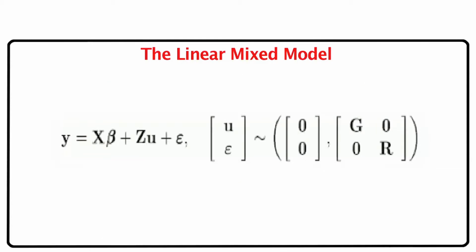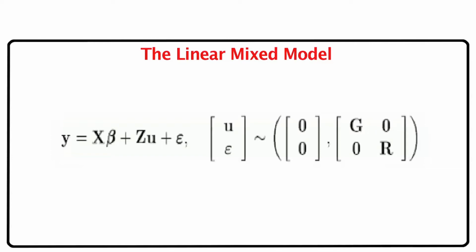Note that for the linear model, y is equal to X beta plus epsilon, where we assume that epsilon follows a normal distribution with mean 0 and variance sigma squared I. So typically for purposes of inference, epsilon is assumed to be normal.